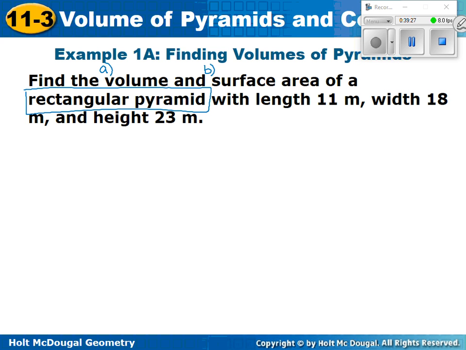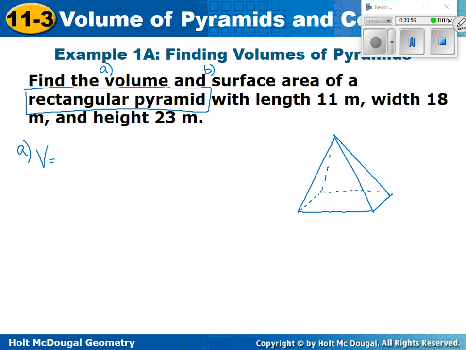So let's do volume really quickly. We want to find the volume of this rectangular pyramid. I'm going to go ahead and draw a rectangular pyramid. Let's label it.